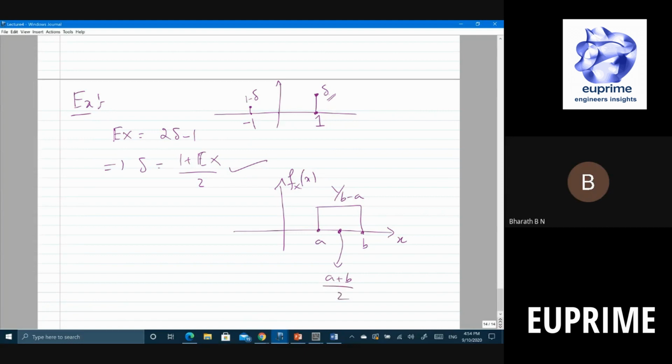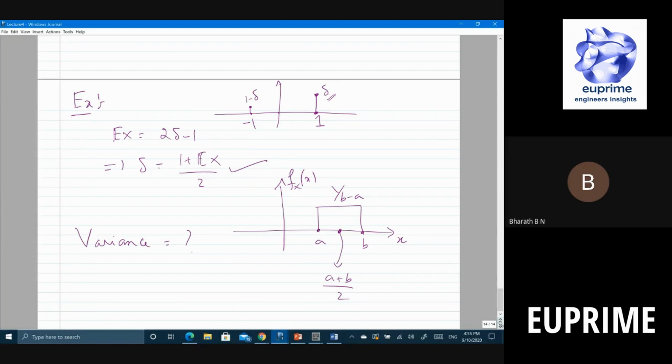Now, if I know the mean, I know a plus b, but I don't know a and b. That's not enough information. I want you to compute the variance for this by next class. With the mean, you can then see what a and b are. So you need both mean and variance to characterize this.